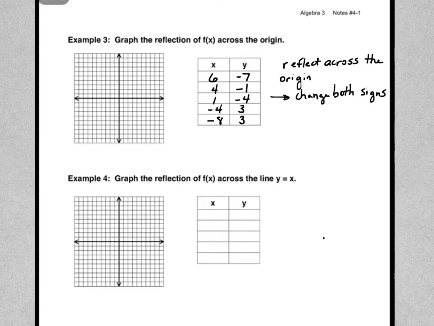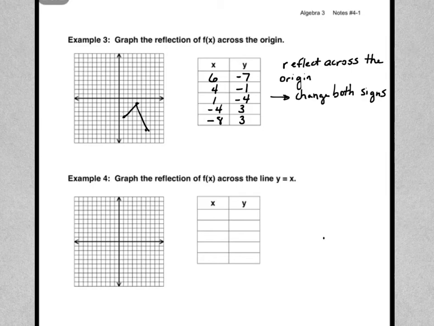Put them on the graph, and this will represent the origin reflection. Okay, you can start drawing in your line.